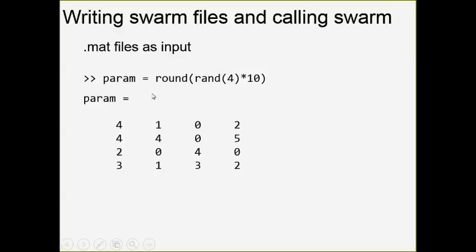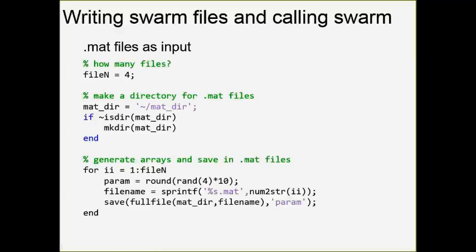I can generate that array that I showed you before and similar arrays with this command. rand(4) is going to give me a 4x4 random array. I'm going to multiply that by 10 and then round it so I get random numbers between 1 and 10. I'm actually going to be calling that down here.